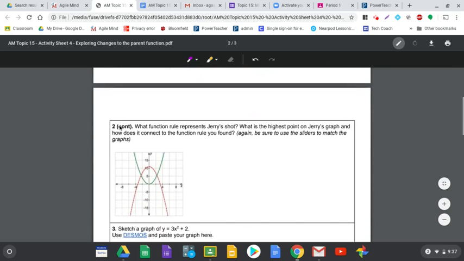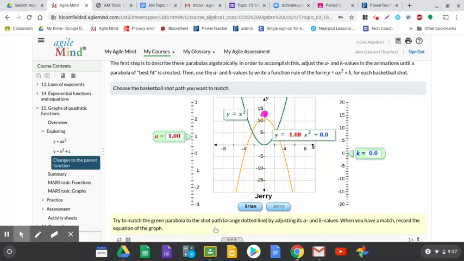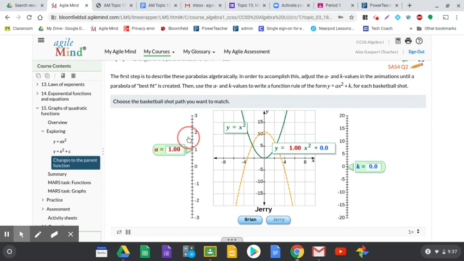Same thing for number 3. Let's look at Jerry's shot. If I go back and click on Jerry, again we have to match the green parabola, which is our parent function, y equals x squared, to the orange parabola for Jerry's shot. So we have to go upside down again, so I need to make A negative.